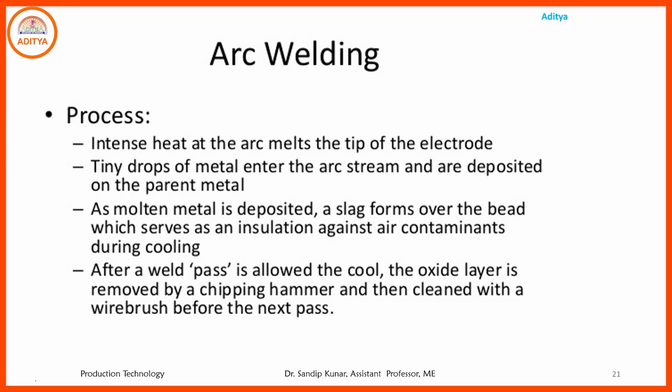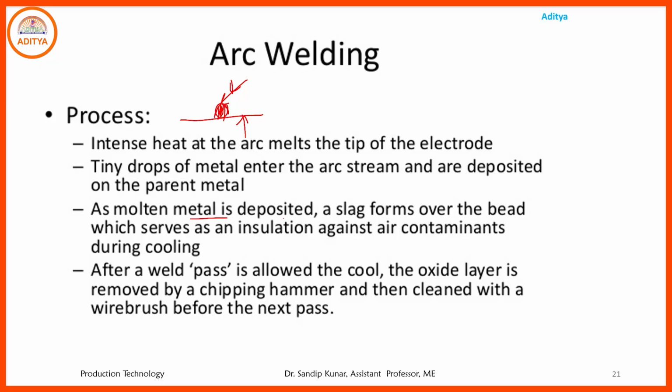When we keep the electrode near the metal surface, an ionized column is created, meaning an arc is created between the metal workpiece and the electrode. Due to the arc, it melts the metal, and then we get the solidified weld surface.